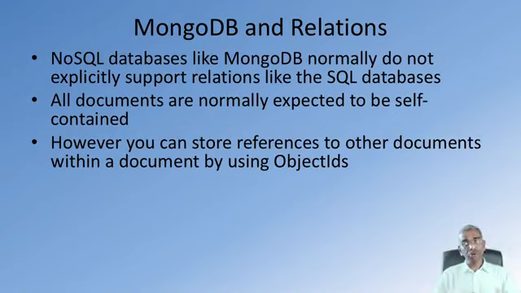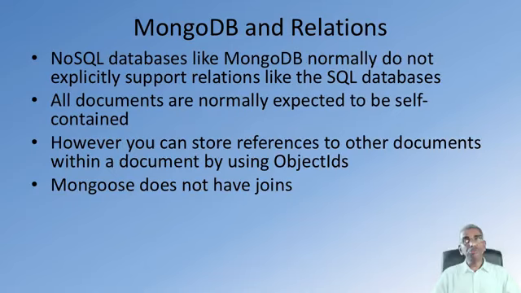MongoDB or Mongoose allows you to store references to other documents within a current document. The reference to the other document is done by using the object ID of that other document. Now, if that is the case, then Mongoose allows you to perform a way of taking the information from the other document and then enclosing it inside the current document using the Mongoose population support.